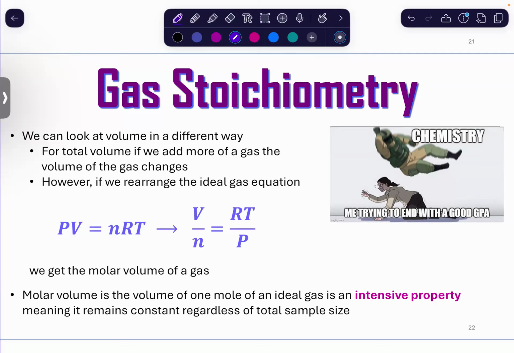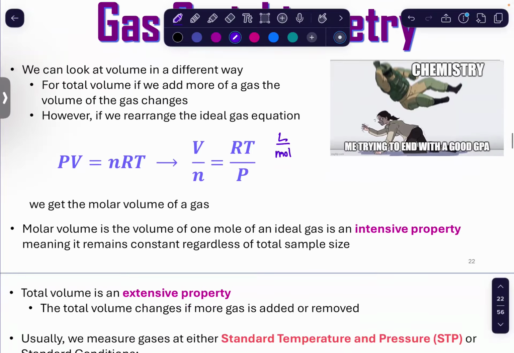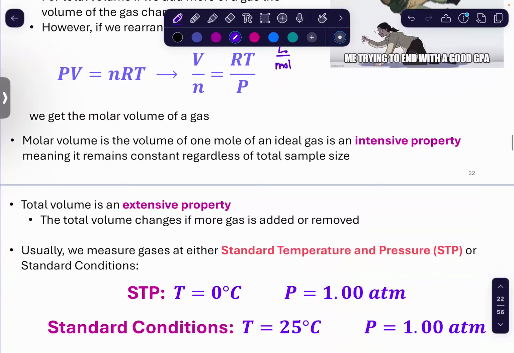So molar volume is going to be, let's say, liters per mole. That's why we have V over n, and that'll leave us with RT over P. And so molar volume, as it says here, is an intensive property. It means it remains constant regardless of total sample size of a specific gas.